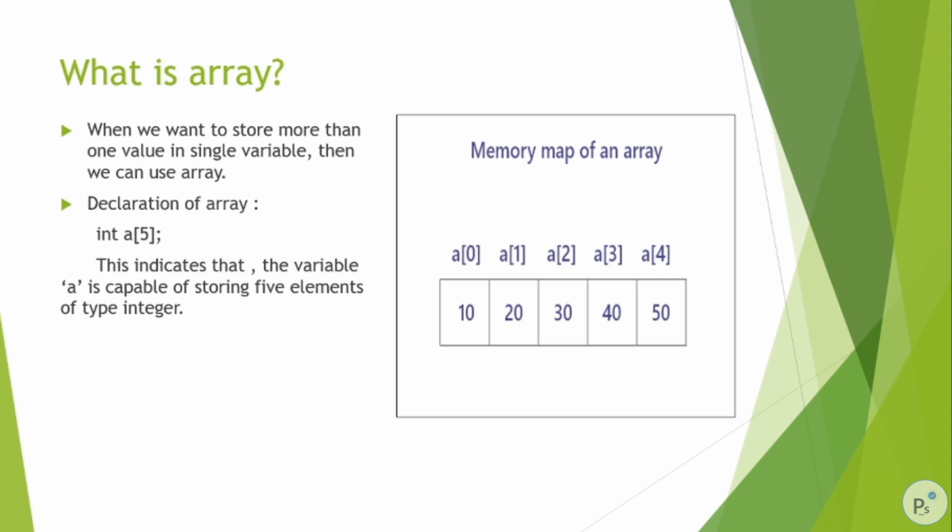If we want to access a value, we need to provide the index. As you can see in the image, at index 0 the value is 10, at a[1] the value is 20, and so on.